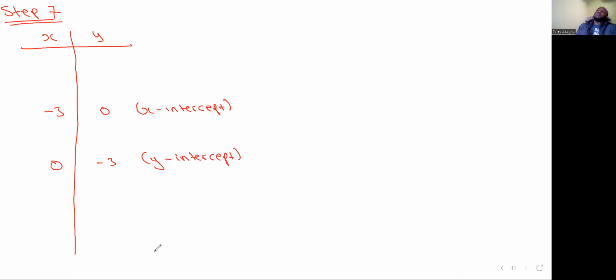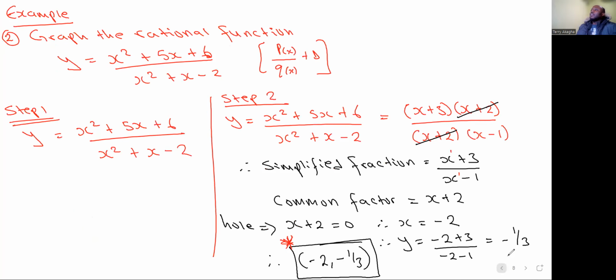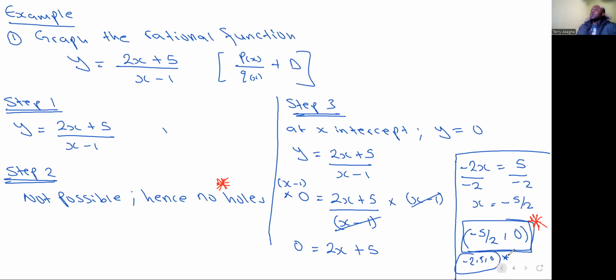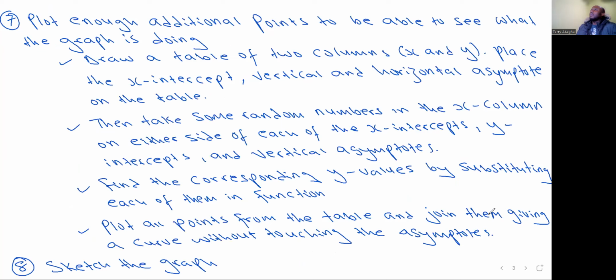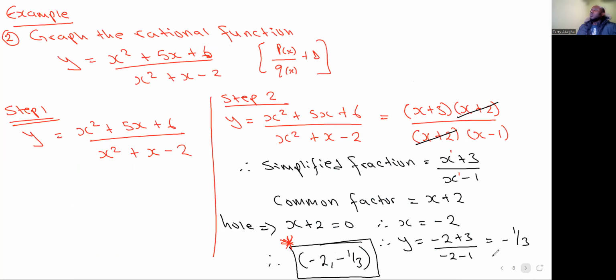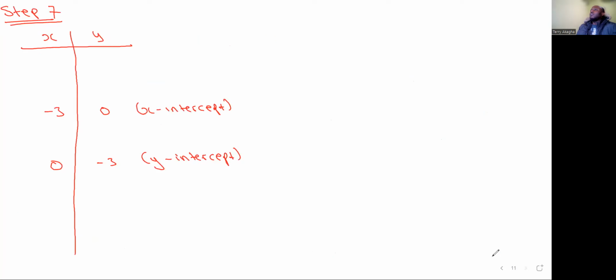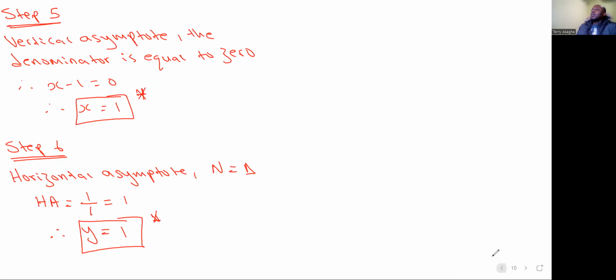All right, good. Then the next thing to put, we're told, is the vertical and horizontal asymptote. So what is the vertical and horizontal? Sorry, the horizontal, y is equal to 1, and the vertical, x is equal to 1.